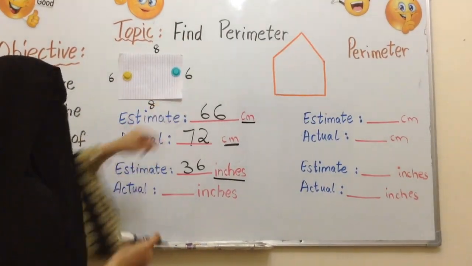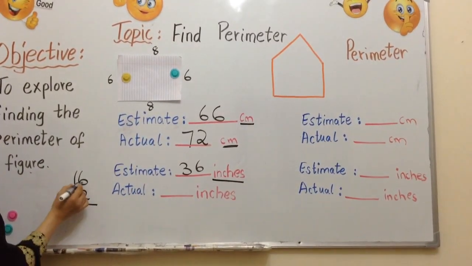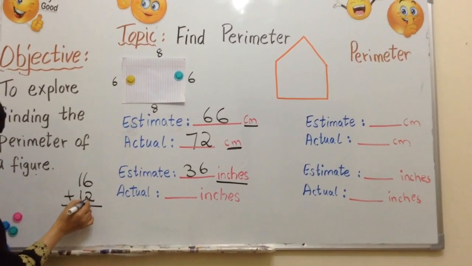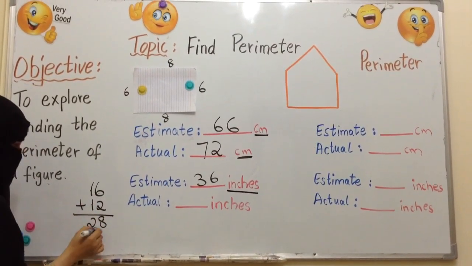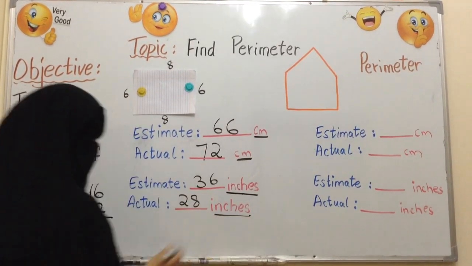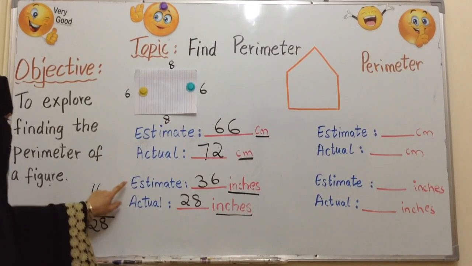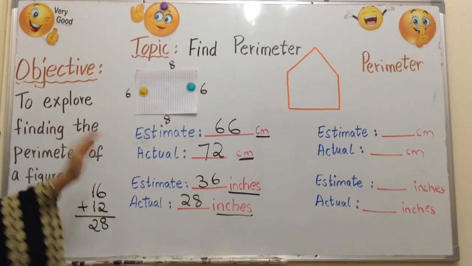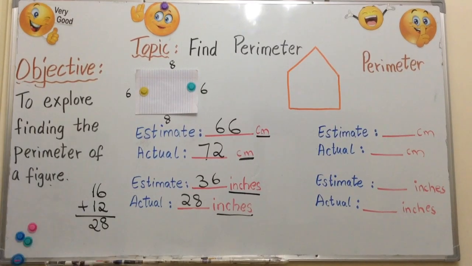And 6 plus 6 is 12. Now add these two numbers, 6 plus 2, 8, and 1 plus 1 is 2. So it is about 28 inches. This one we did the actual. This was our estimation, and this is the actual, it is 28 inches.